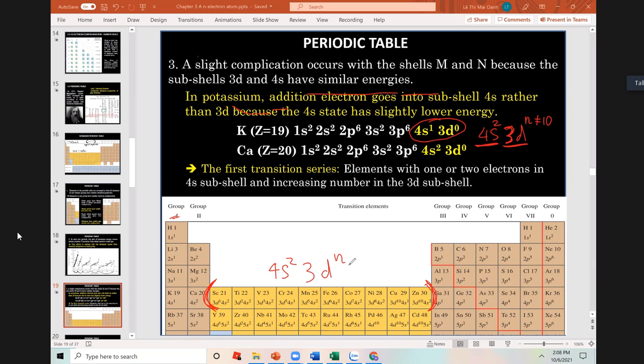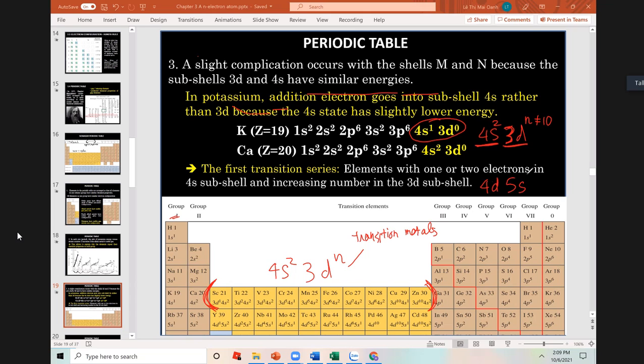And in this case, you already have the transition metals. They are all metals, and they are transition metals. However, this is not only for 4S and 3D. It can happen with 4D and 5S too.